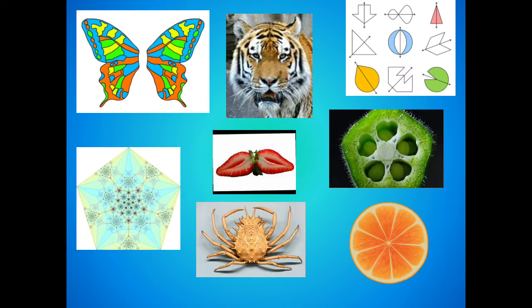So here you can see different pictures like a butterfly, tiger, these shapes, or this lady finger, or an orange or strawberry, or for that matter this spider. In all these objects you can see they are very symmetrical. What do we mean by symmetrical?